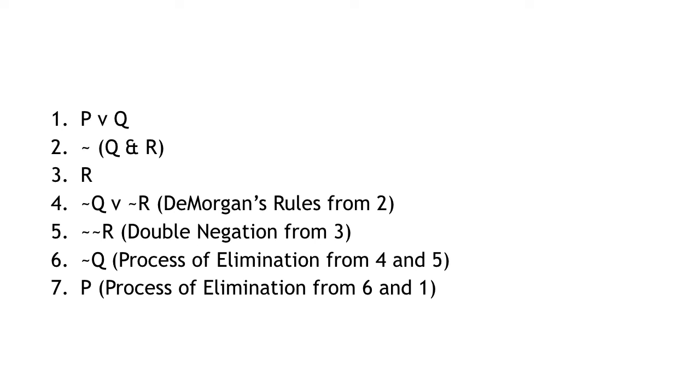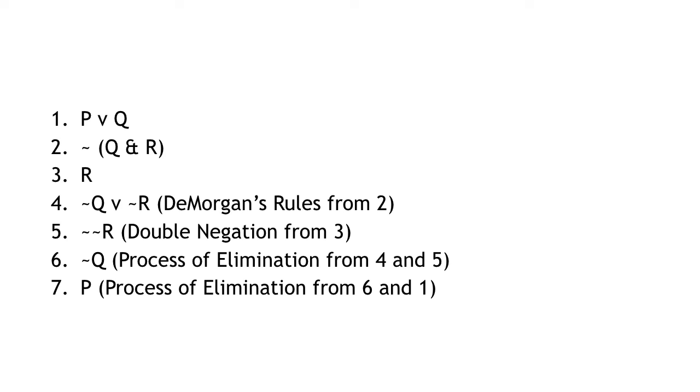So remember, this is an argument that actually has a sub-argument and a final conclusion. Our three premises that are just independent are P or Q, not (Q and R), and R. So how do we get from there to P? Well, number 4, not Q or not R, we get that from 2, running De Morgan's rules on that.